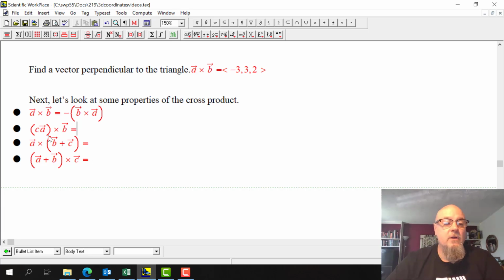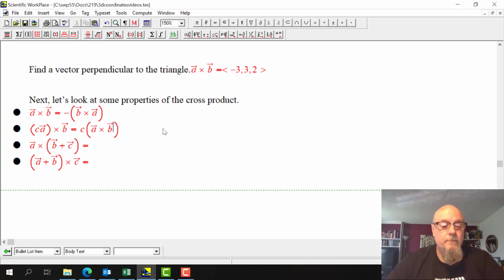This next property, a constant times A cross B, what do I want to say with that? I want to say that I could factor the constant out. And again, look at that component-wise.